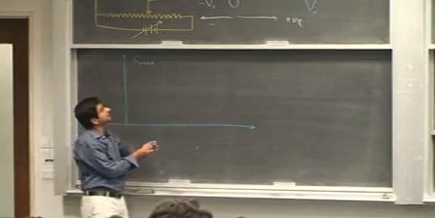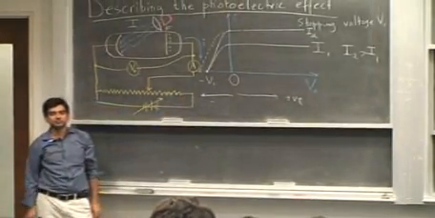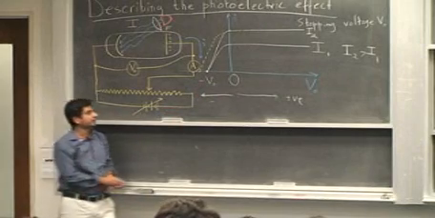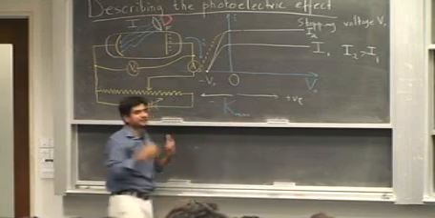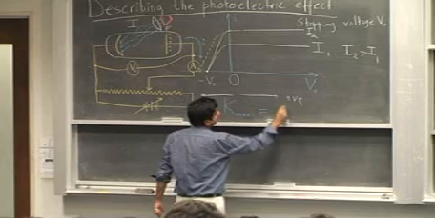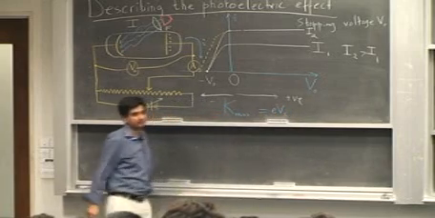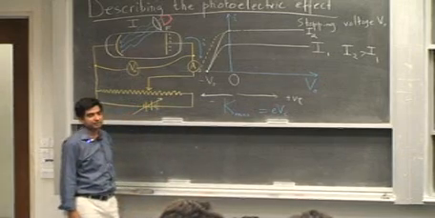Can you tell me what the maximum kinetic energy would be in terms of the stopping voltage? K max, which is the maximum kinetic energy of the ejected electrons, has to be equal to Vs times e. Okay? So the stopping voltage is a measure of the kinetic energy.